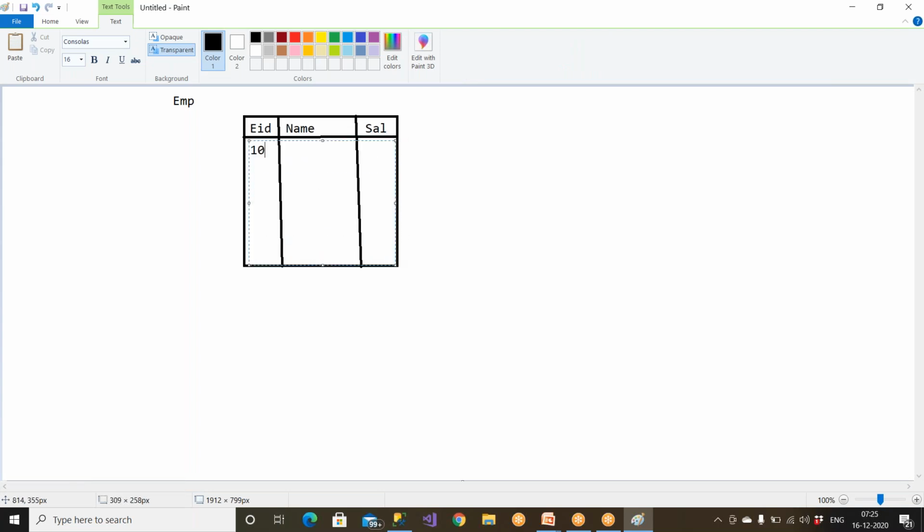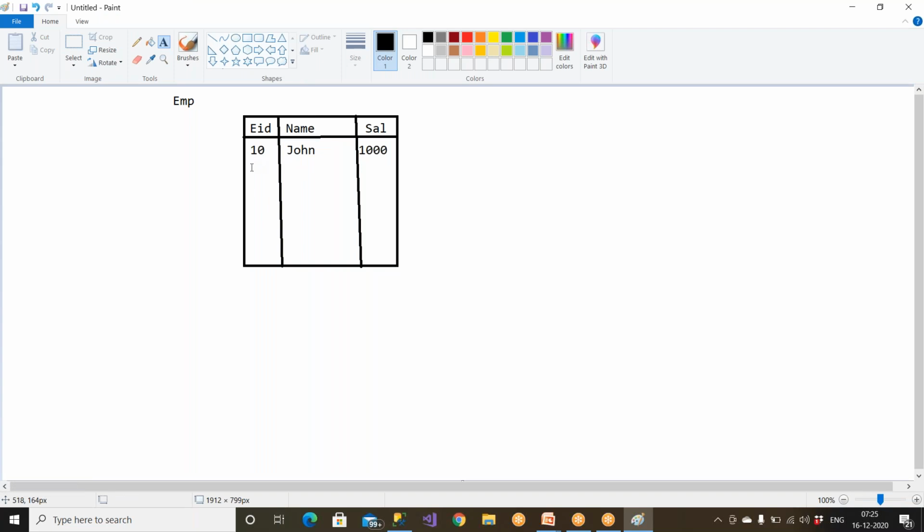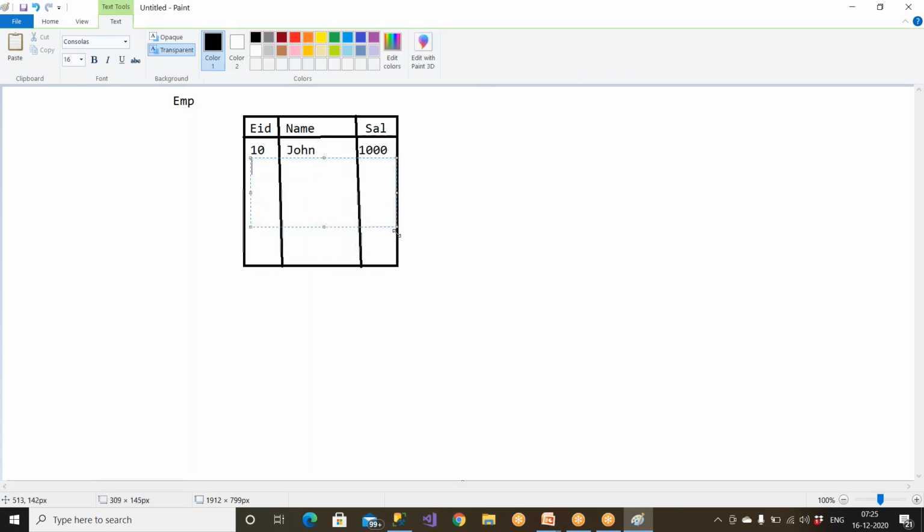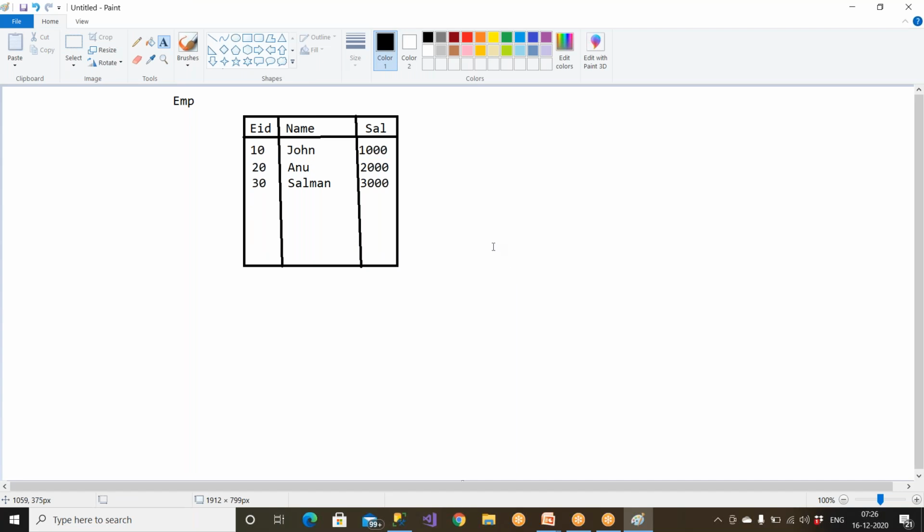So I'm stating employee number 10, let us say John. Salary is 1,000. Then we have the next employee, let us say Anu. Salary is 2,000. Then we have the next employee, let us say Salman. Salary is 3,000. Like that, we have a lot of data, right?